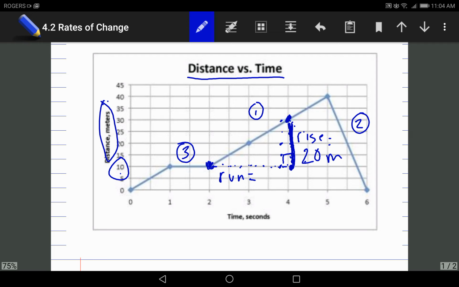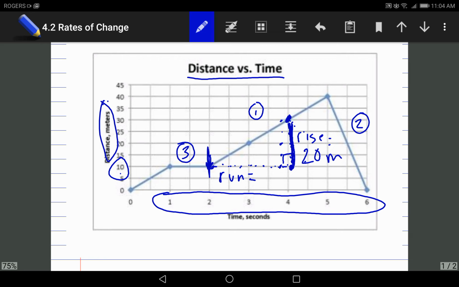Let's take a look at my rise, my run. You can see the scale for our x-axis, or where I'm going to be counting my run, is different than my y-axis. It's actually going by 0.5s. Each grid horizontally is worth 0.5, or half a second.